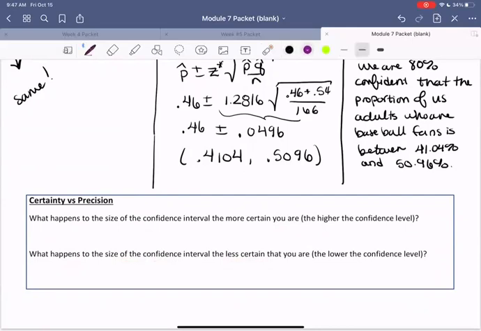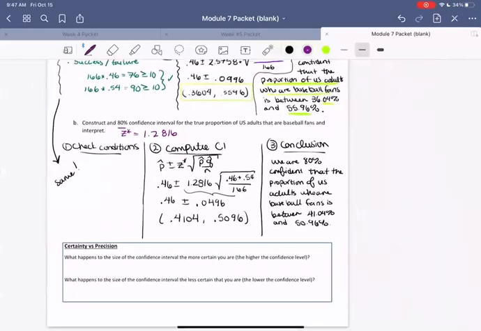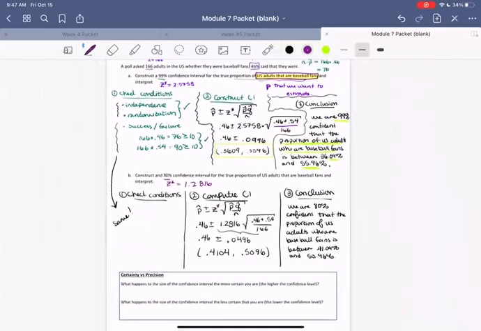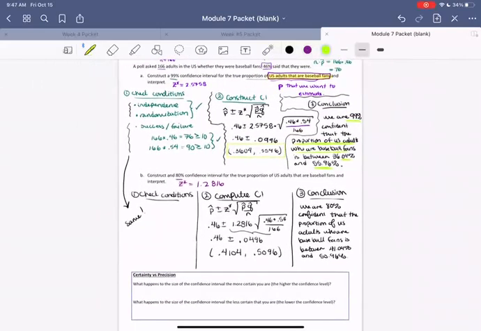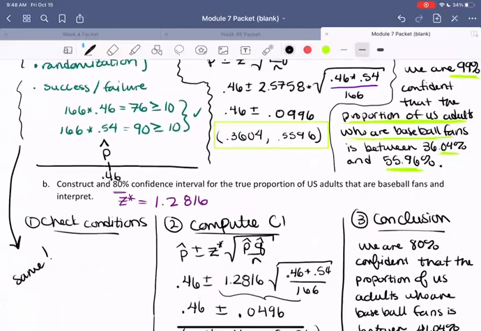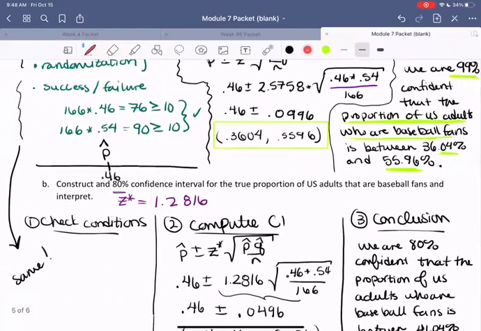Well, let's take a look at the two confidence intervals that we computed in this problem. So if we have a number line here where we're going to plot our confidence intervals, so here's our p hat at 0.46, then our first confidence interval goes from 0.36 about to 0.56.